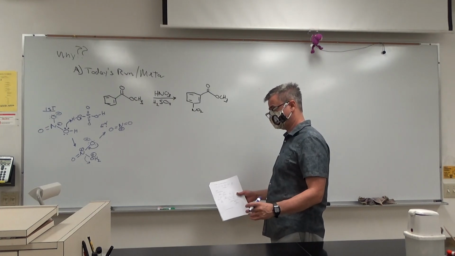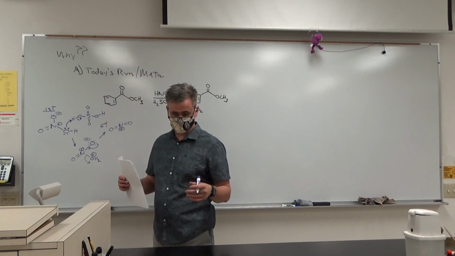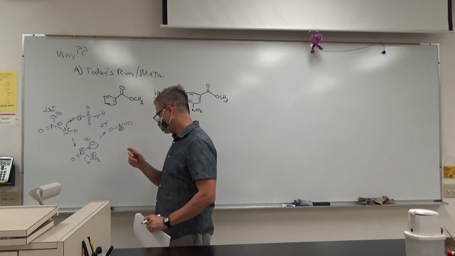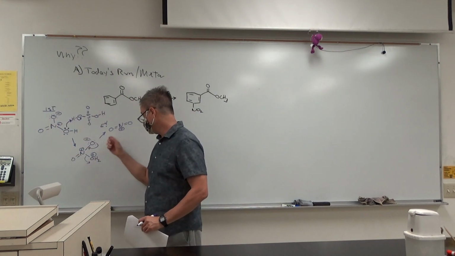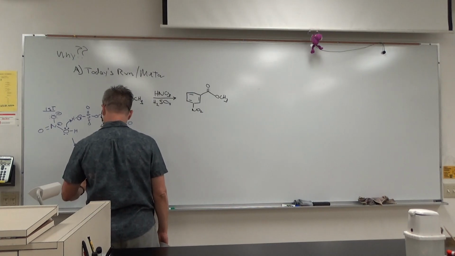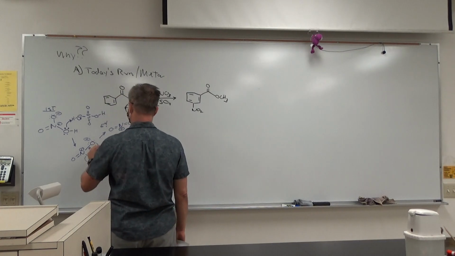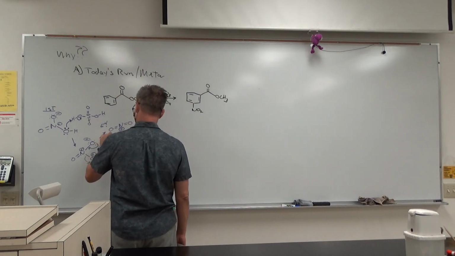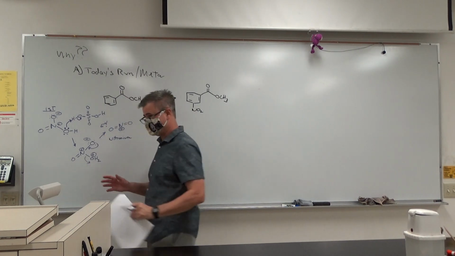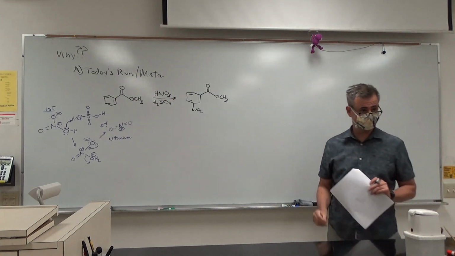If I remember correctly, I didn't look at the worksheet for this lab this morning, but I think on the worksheet I asked, in one place, show the nitronium generated.